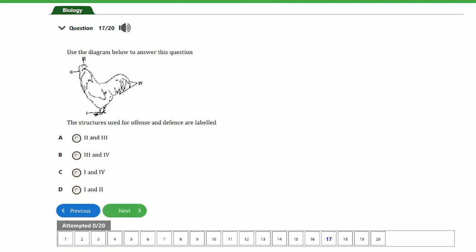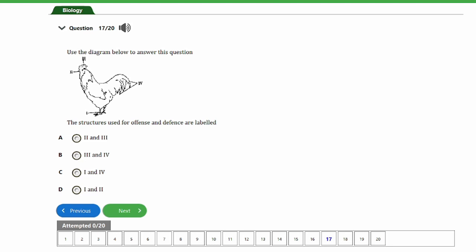Question number 17. Okay, here we have a diagram to answer the question from, and the question here says, the structures used for offense and defense are labeled A. II and III, B. III and IV, C. I and IV, D. I and II. So guys, the answer to this question is option D, and that's I and II.